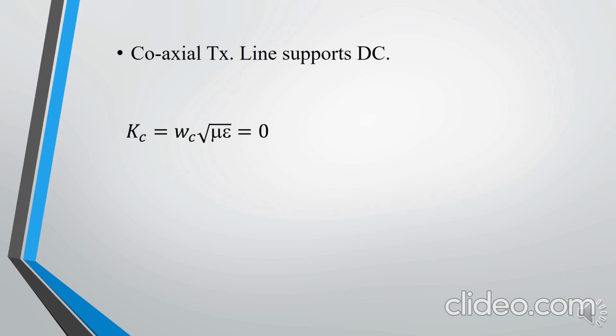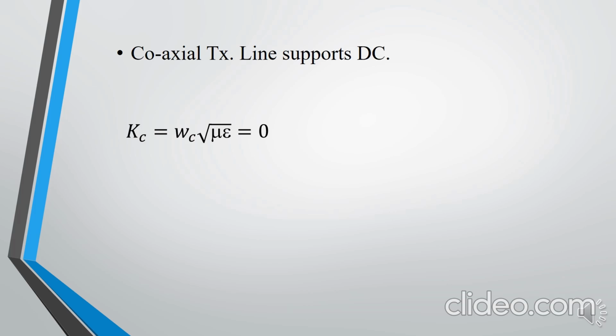So already we have seen that coaxial transmission line supports transverse electromagnetic mode. Now as it supports transverse electromagnetic mode, one thing also should be considered. That means the cutoff wave number Kc, which equals omega root over mu epsilon, will be equal to 0 for TEM wave propagation.